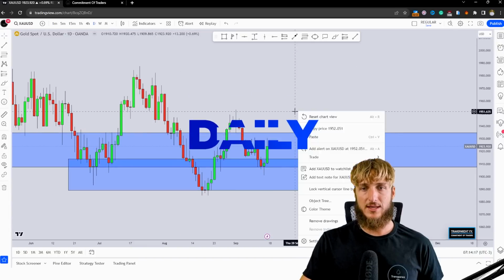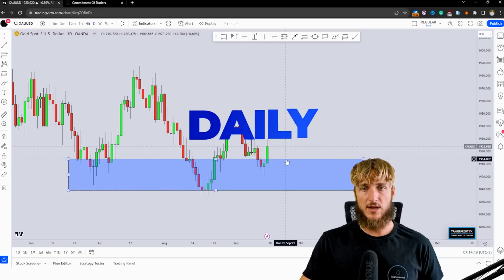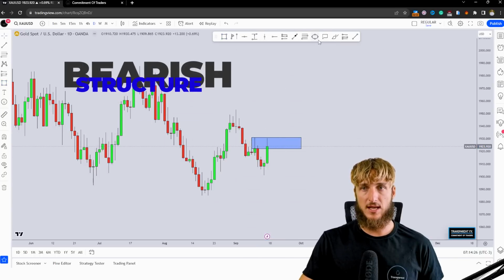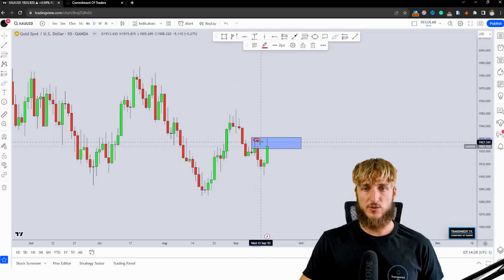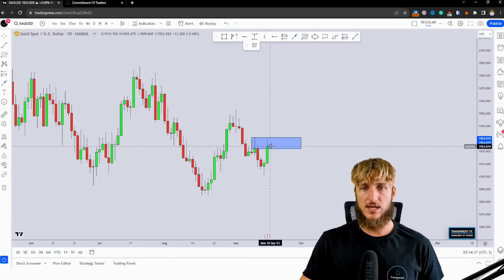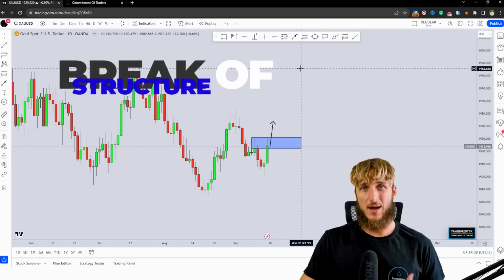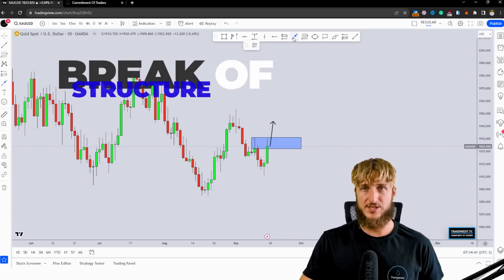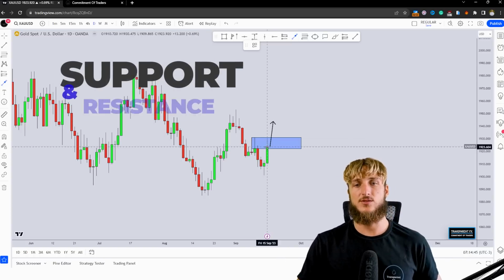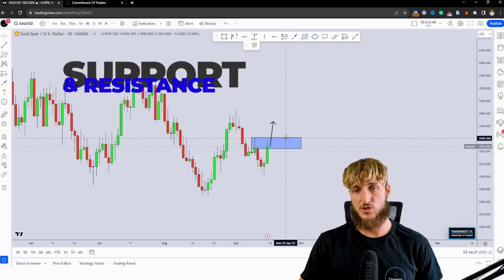Dropping down on the daily time frame, what do we have? From a daily standpoint, what we can notice is that we still have bearish structure. This previous high, which is previous resistance from which this move to the downside was created, is currently still acting as resistance. What we would need in a situation like this is a potential breach and break above this resistance, because what we know in the market is that previous resistance, once it gets broken to the upside, becomes support.